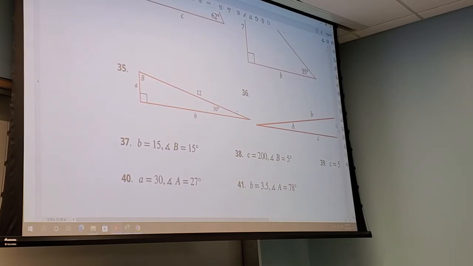So does anybody have their calculator with them? What is 12 times sine of 10? Make sure you're in degrees, right? I get to show off my new calculator. Let's see.